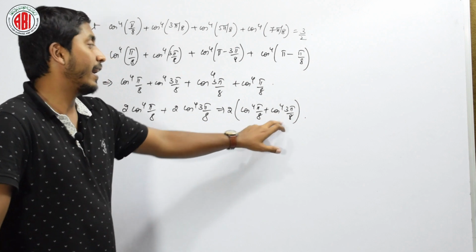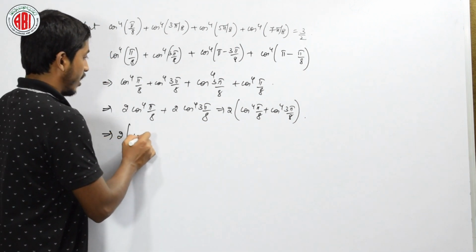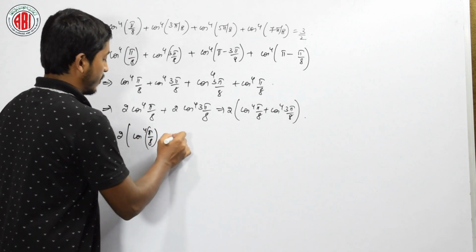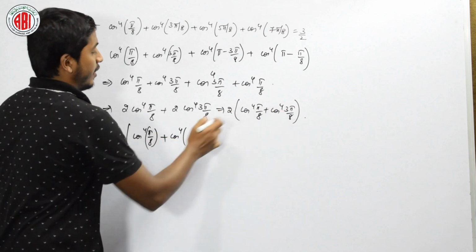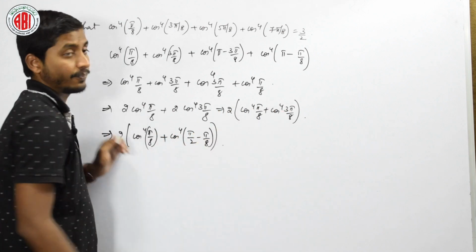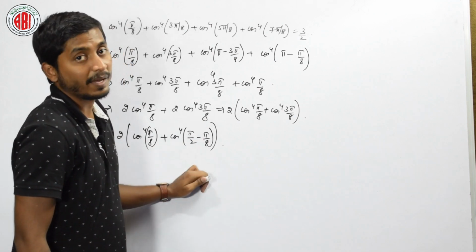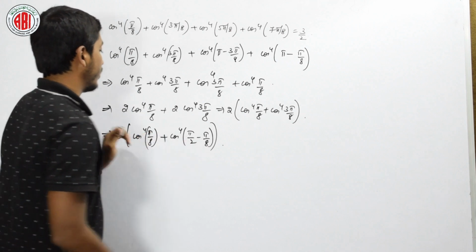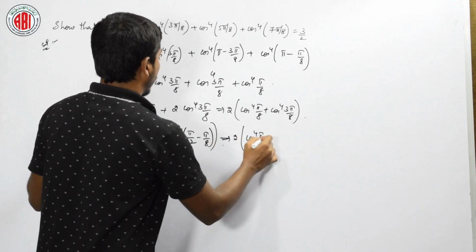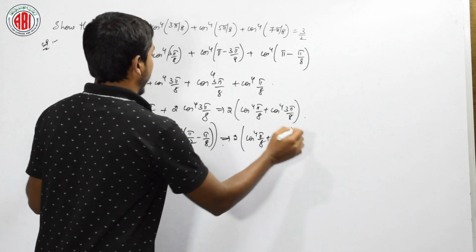Then cos power 4 pi by 8 will be as it is, plus cos power 4, and I can write 3 pi by 8 as pi by 2 minus pi by 8. You can check here, LCM is 8, 4 pi minus pi is 3 pi by 8. Therefore, this will become 2 into cos power 4 pi by 8 plus sin power 4 pi by 8.